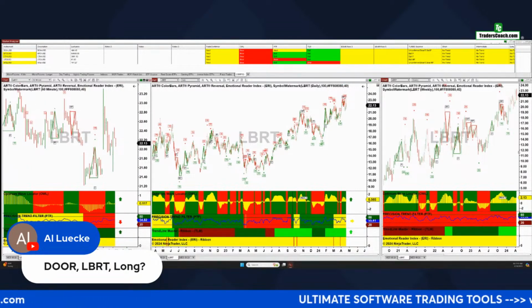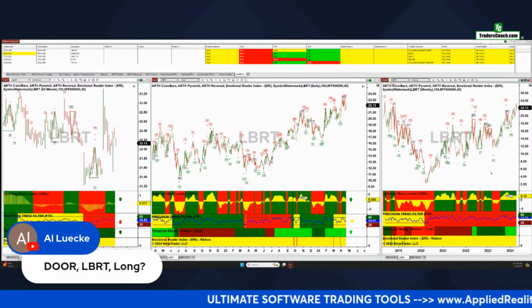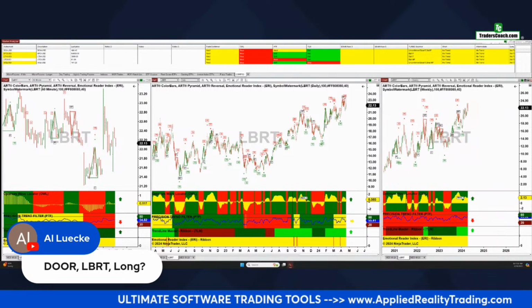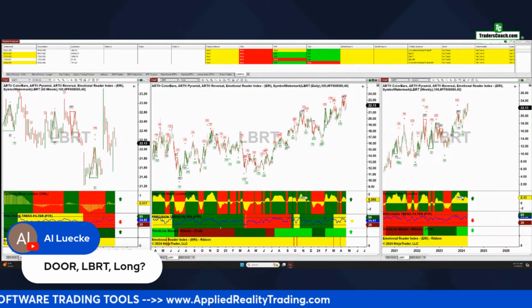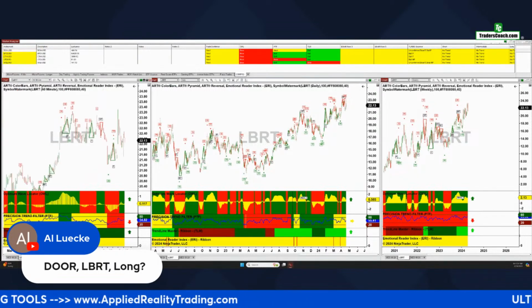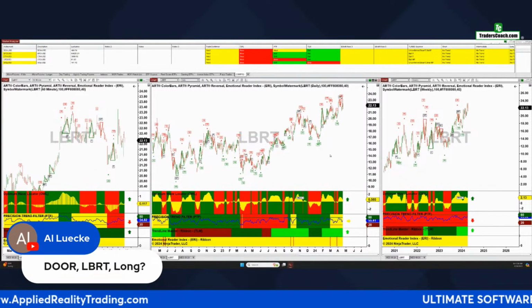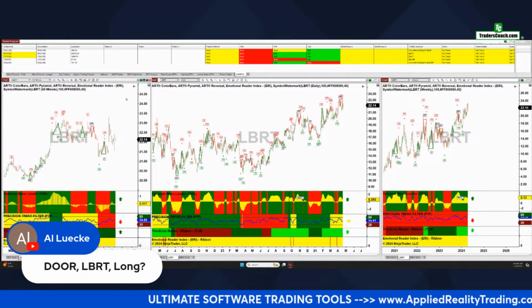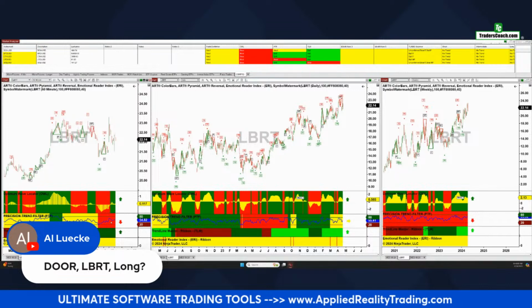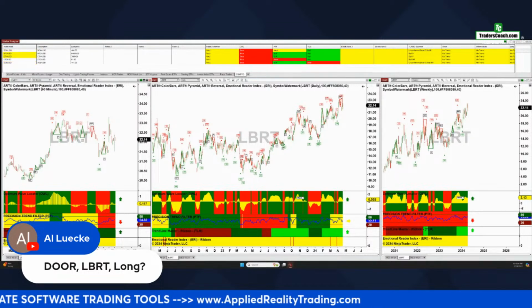All right, so this one, no. I wouldn't do this one. Red PTF there, red PTF there, and we're already in a fairly extended trend, okay? Now, if you're trying to get a wave 3, a short-term high over the next couple of days, you've got a red PTF, so you can't even do it for that reason, okay?